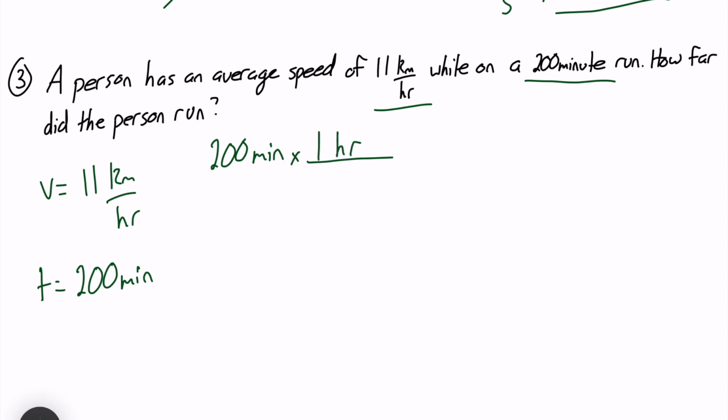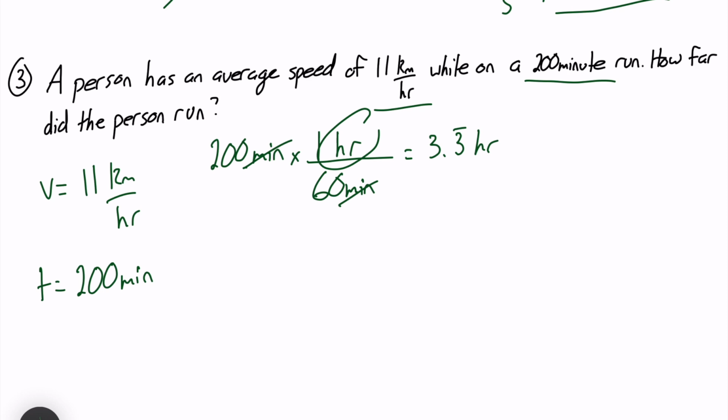So we have 1 hour, and for every hour there are going to be 60 minutes. And let's just type that in right now. So we have 200 divided by 60, and just make sure units cross off. We're left with hours. You will get 3.3 repeating.